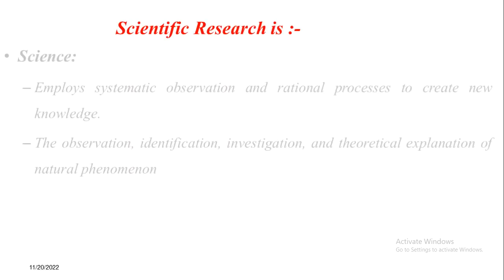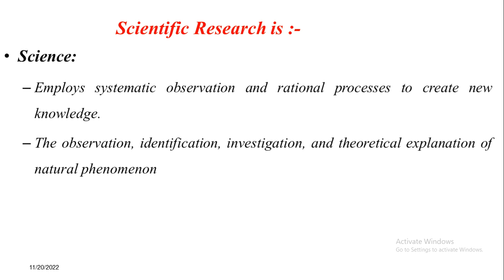When we say research is a systematic method, we can also call research a science because it implies systematic observation and a rational process to create new knowledge or a new concept.